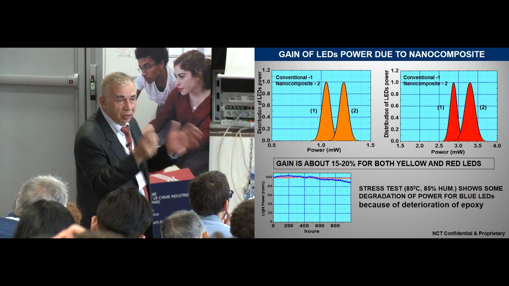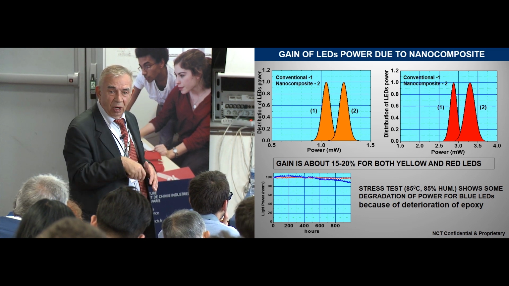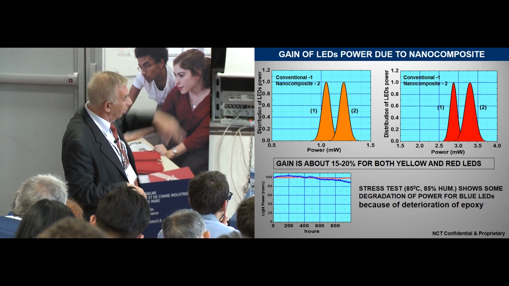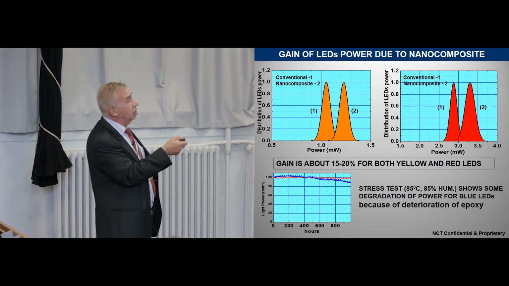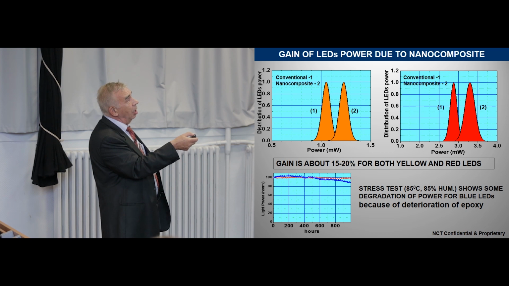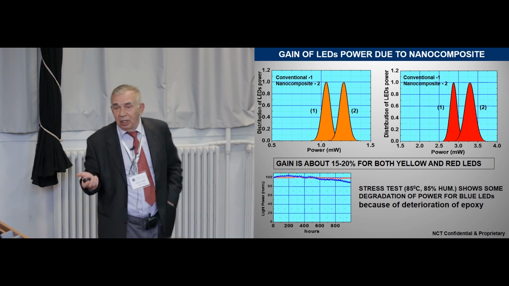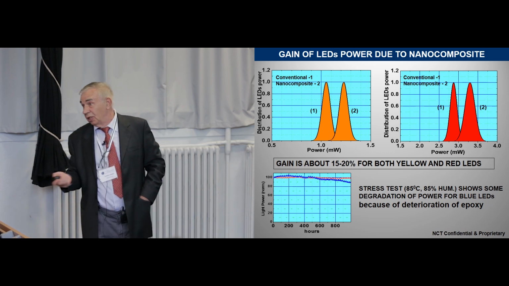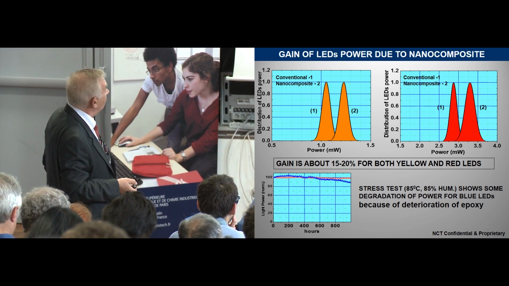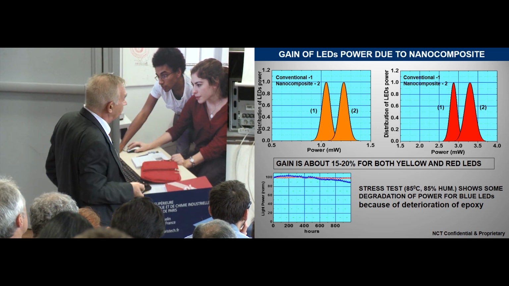It's the same story, 10 or 12 lamps, the scattering of the power, fitted with a Gaussian. We can see that in both cases there is an increase of the power of about 10, 15, 20%, which is quite significant, for both the red LEDs and yellow LEDs.